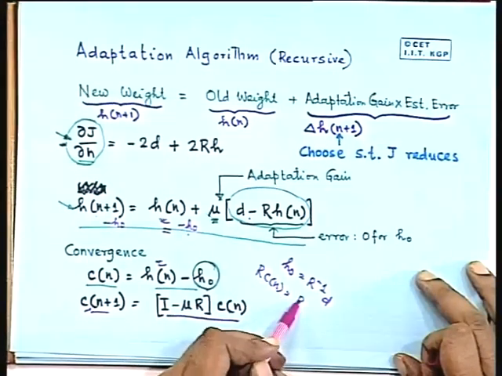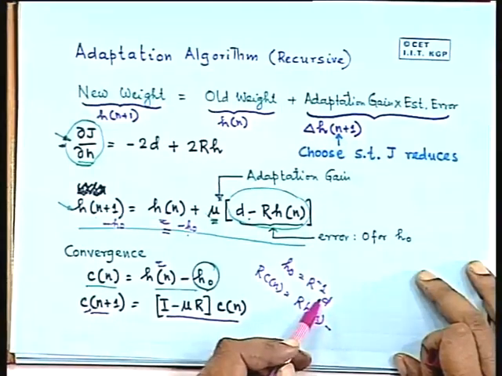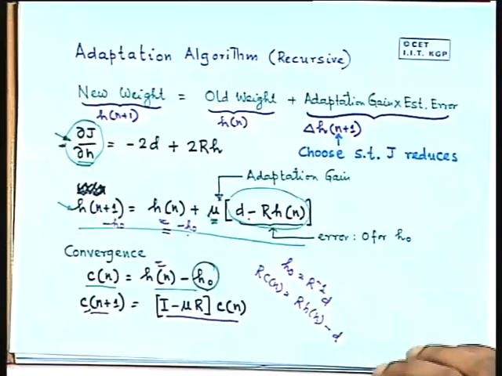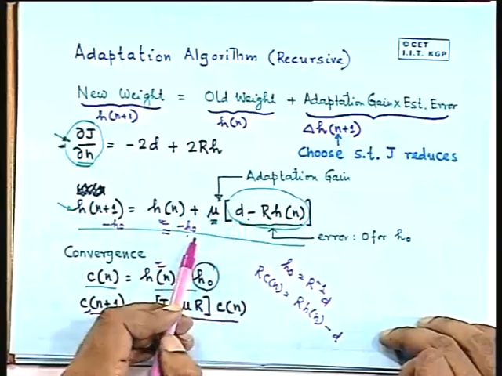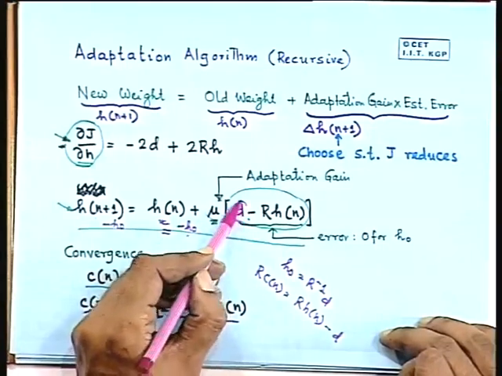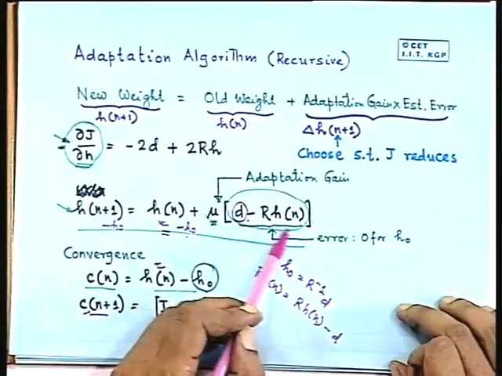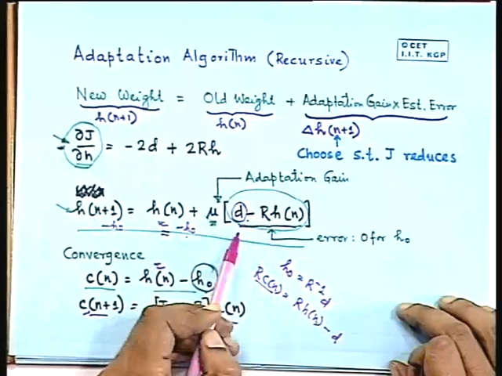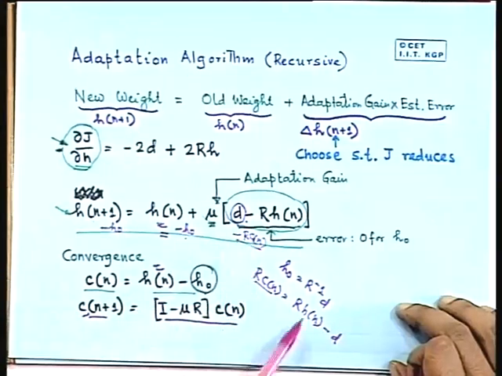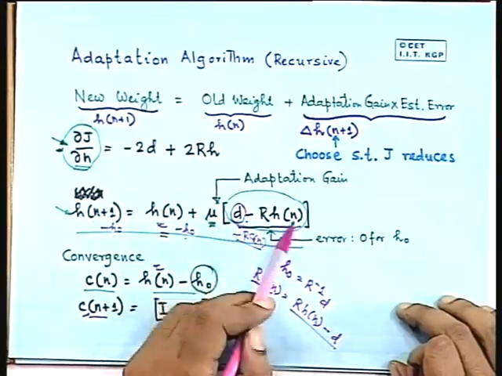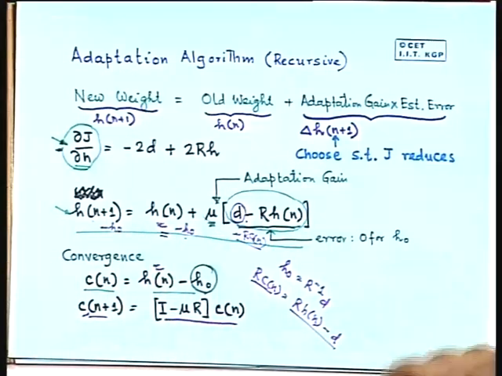It is equal to R Hn minus R inverse D, which is D. So now what is this? This is D. So this is nothing but minus R Cn. Correct? R Cn is R Hn minus D. This is D minus R Hn. So it is minus R Cn. So it is Cn into I minus mu R Cn.